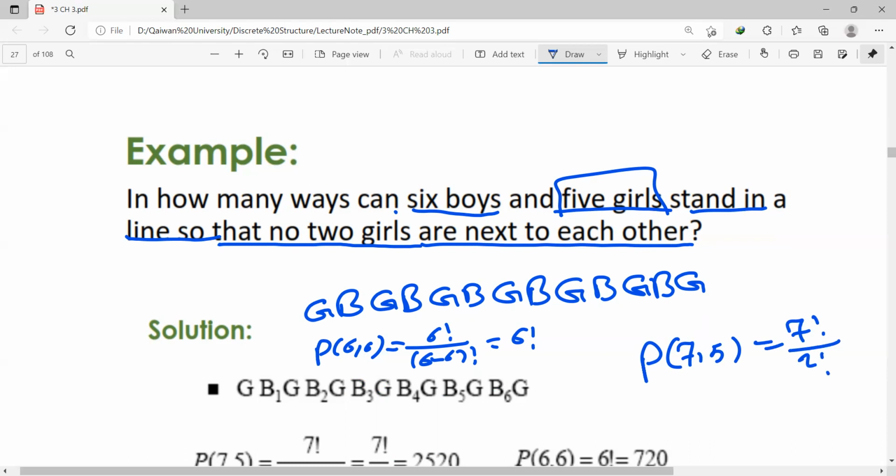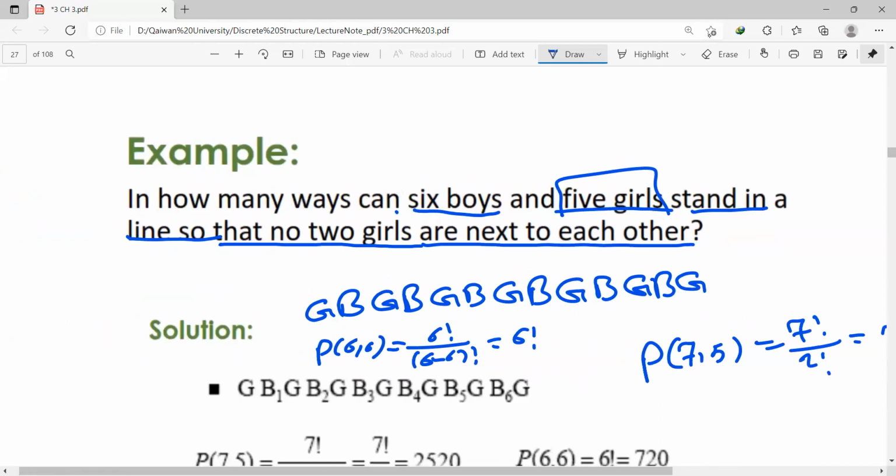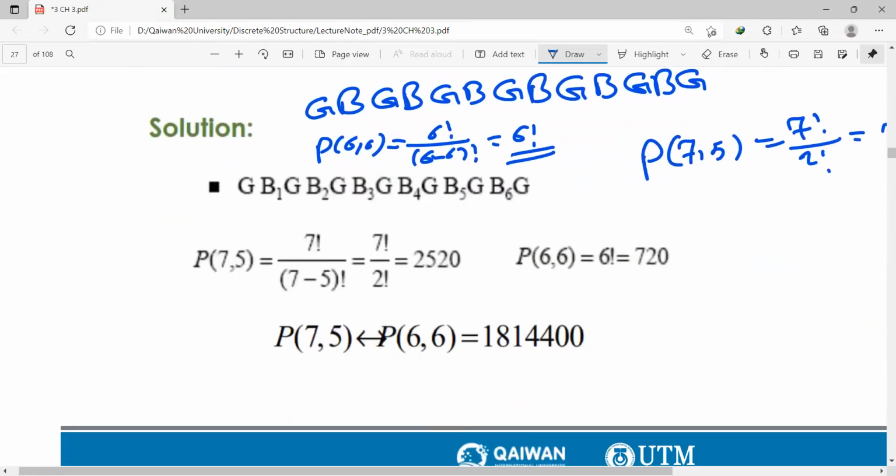So it equals 7 multiplied by 6 multiplied by 5 multiplied by 4 multiplied by 3, which is 2520. Here the permutation of 6 of 6 is 720, that's for the boys, and the permutation of 7 of 5 is 2520, that's for the girls.